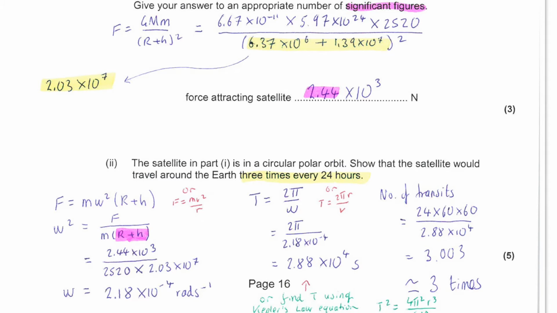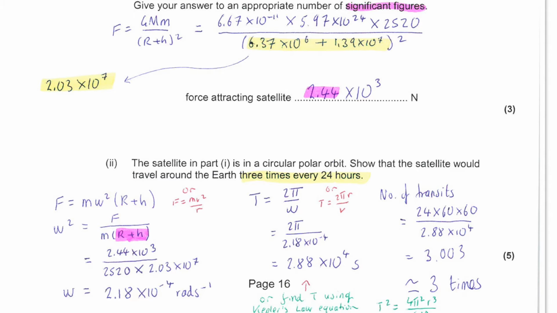This is a very standard equation and is really just checking careful substitution into the equation and the important point of adding on the height to the radius. This leads to an answer of 2.44 times 10 to the 3 newtons. Notice I had 3 significant figures for this height, and that is therefore the maximum that I can give in my final answer.